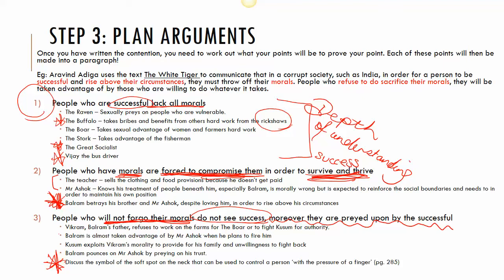I chose the symbol of the soft spot on the neck, that Balaram says is his favourite place on the body, because it can be used to control a person with the pressure of a finger. So I thought I would use that. I also included the page reference if you wanted to go look for it.